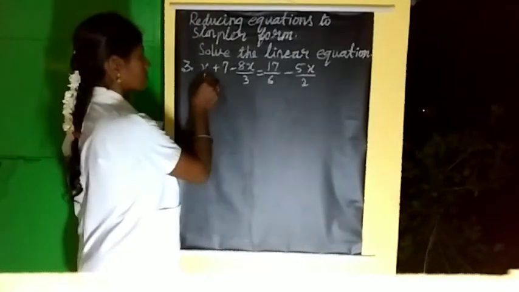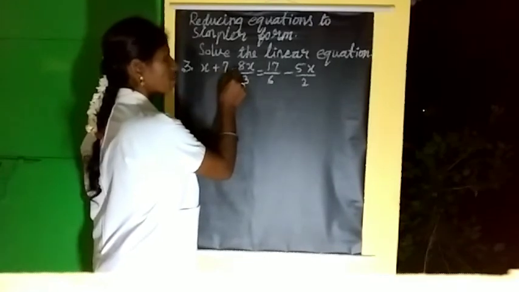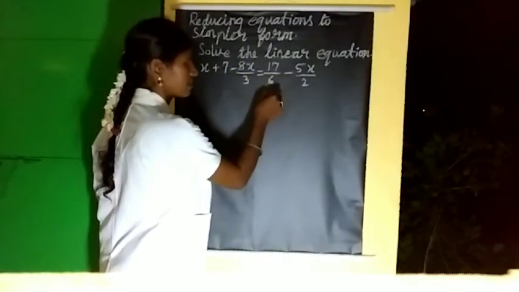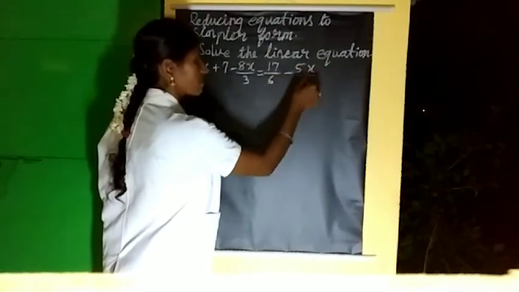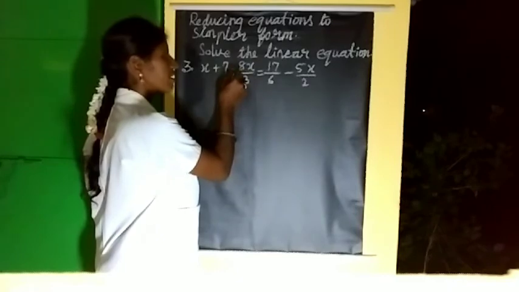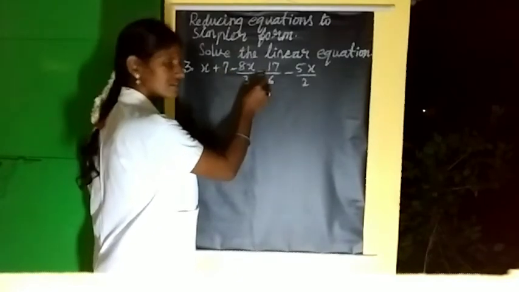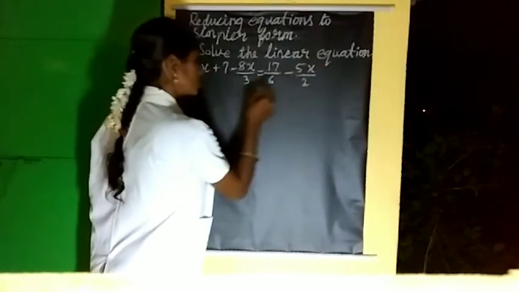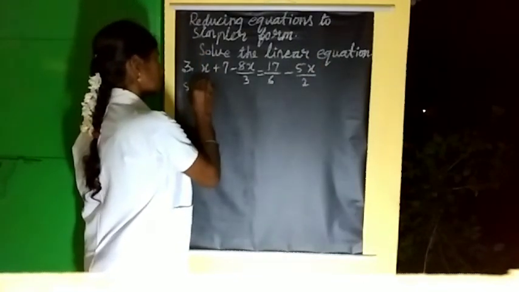Next question is x plus 7 minus 8x by 3 is equal to 17 by 6 minus 5x by 2.